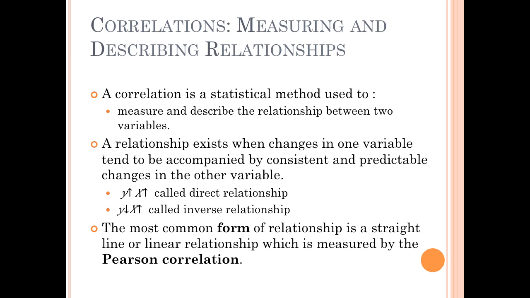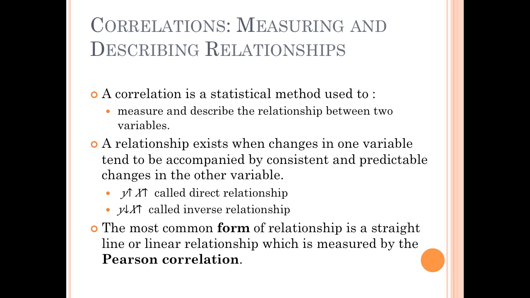So correlations measure the relationship between two variables. A direct relationship would be if as y increases, x also increases. An inverse relationship would be where x increases, y decreases, so opposite.